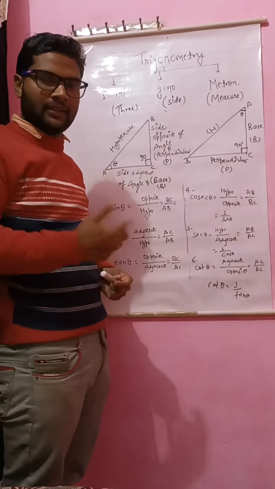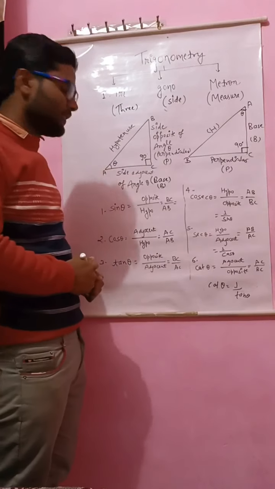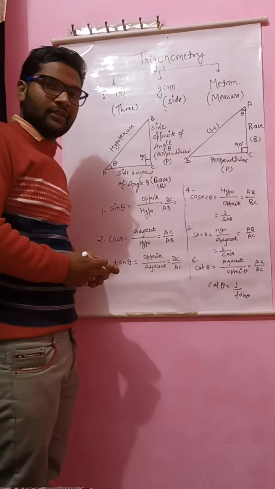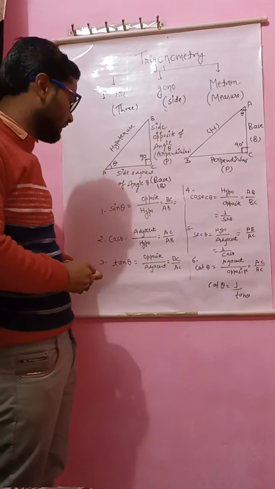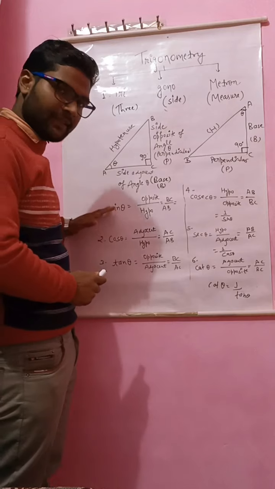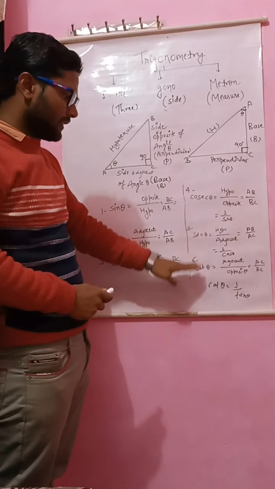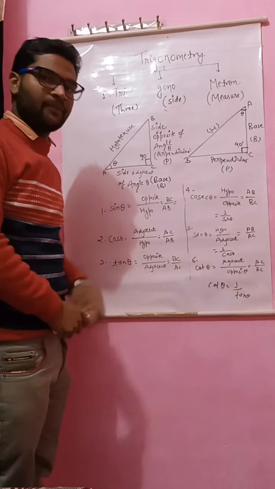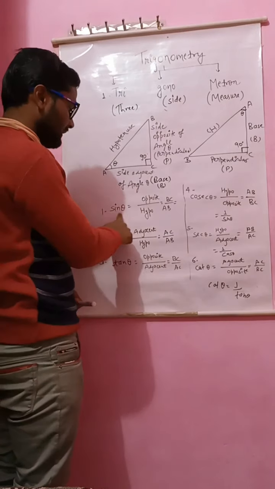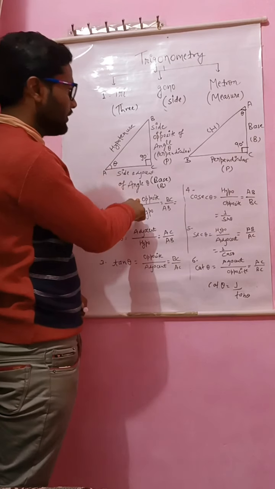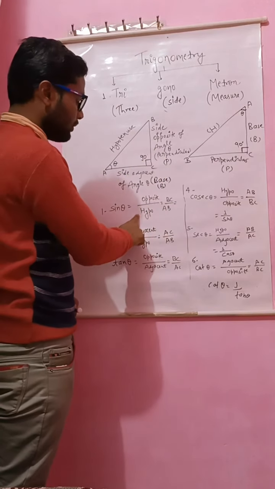So let's go ahead to understand trigonometric ratios. There are 6 trigonometric ratios. First is sine, second is cos, third is tan, fourth is cosec, fifth is sec, and sixth is cot. Now let's understand sine theta. Sine theta is the ratio of the side opposite of angle theta to the hypotenuse.